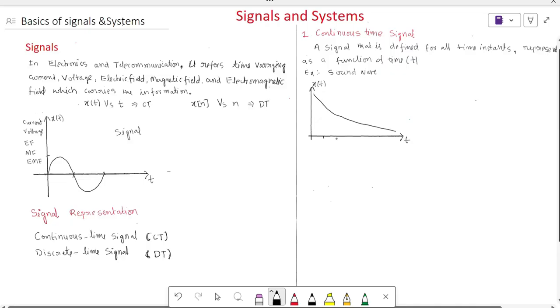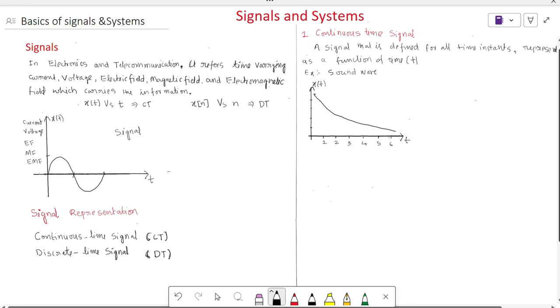These are the time values on the x-axis: 1, 2, 3, 4, 5, 6. Coming to the magnitude, 1 unit, 2 units, 3 units or 4 units.